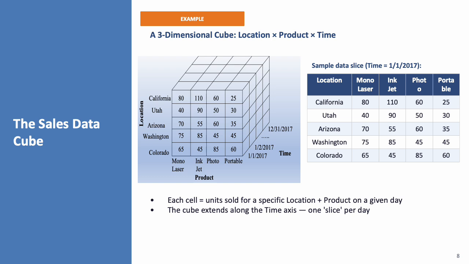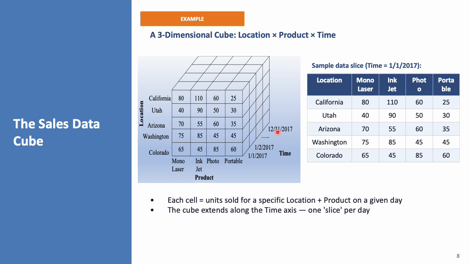This example involves a printer company selling 4 product types: monolaser, inkjet, photo, and portable printers across 5 US states: Colorado, Washington, Arizona, Utah, and California, over the course of the year 2017.